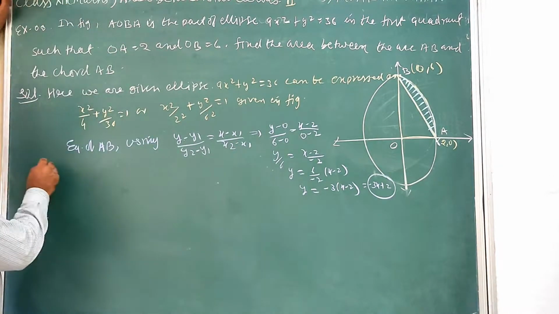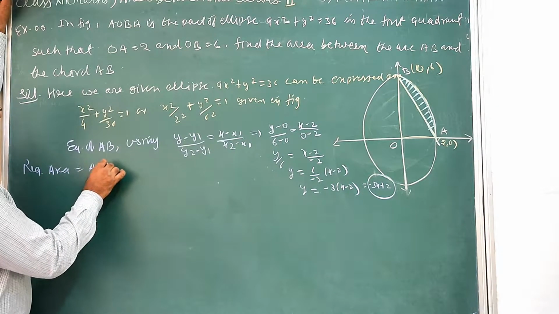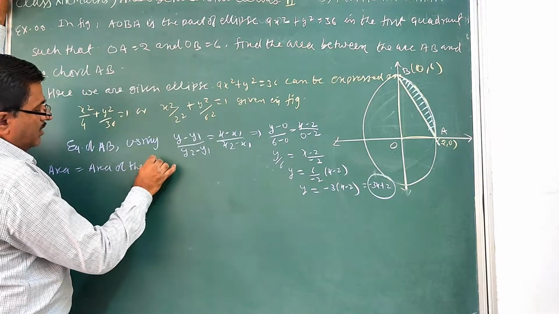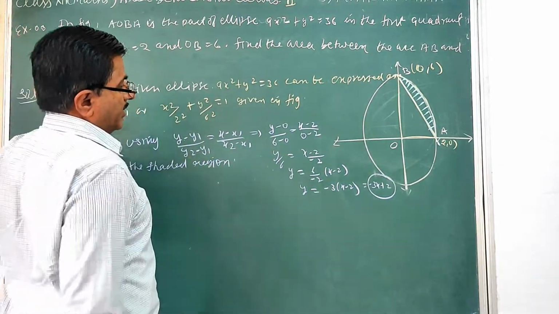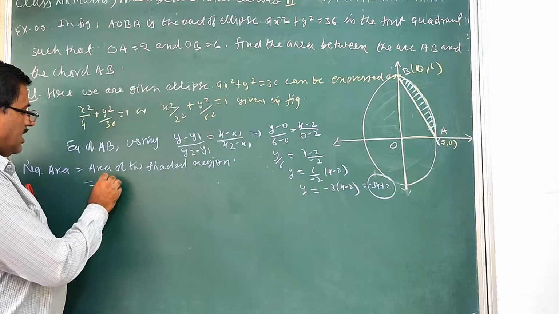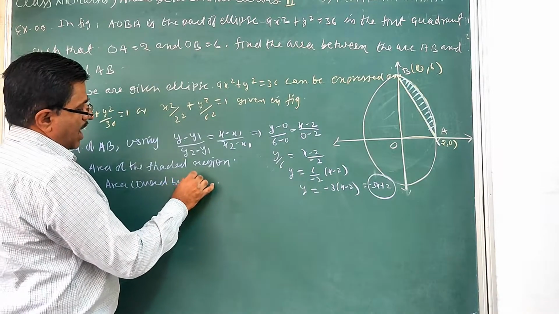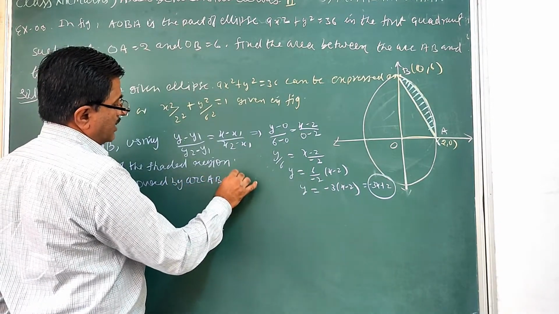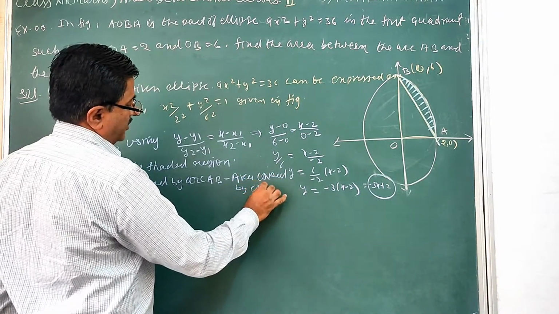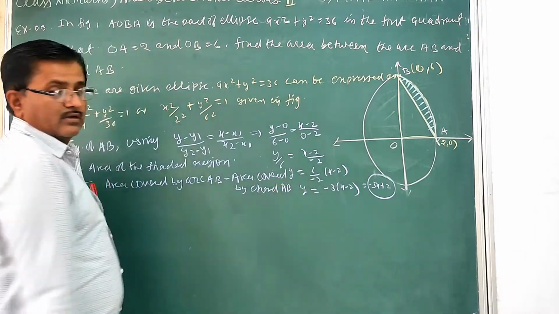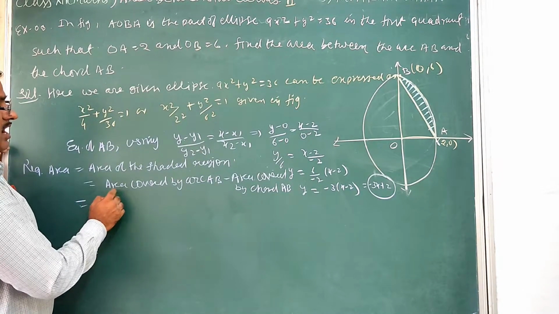So you can say the required area equals the area of the shaded region, that is, the area covered by the arc AB minus the area covered by the chord AB.